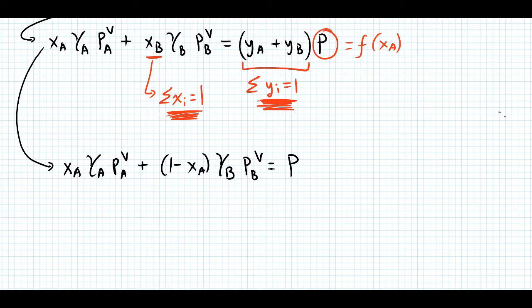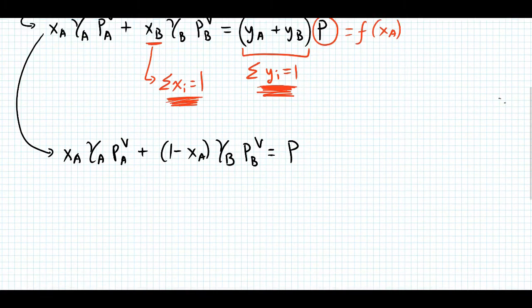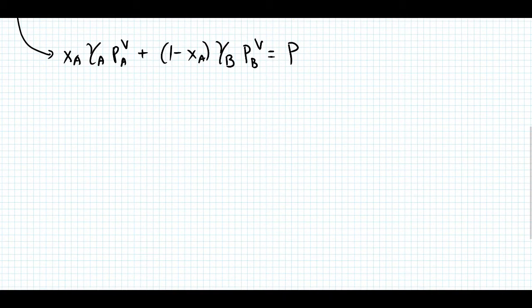So we're pretty close. Now take note that in the problem we're told that we can assume the following about the Margules equation: ln of gamma A is equal to lambda times xb squared, and ln of gamma B is equal to lambda times xa squared. Gamma A and gamma B are activity coefficients.